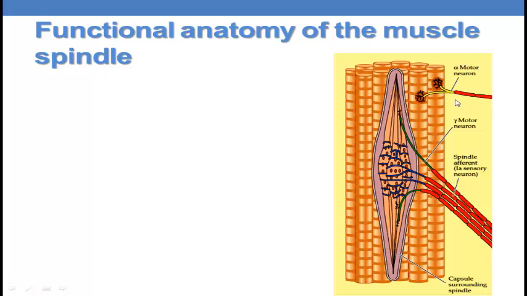As we previously mentioned, we have two types of cells in the anterior horn of the spinal cord. One of them is the alpha motor neuron, which supplies the extrafusal muscle fibers, or the fleshy part of the muscle, and the other is the gamma motor neuron, which supplies the muscle spindles.